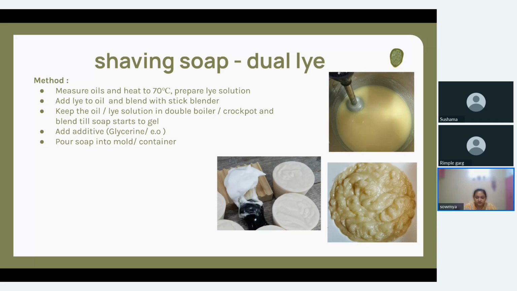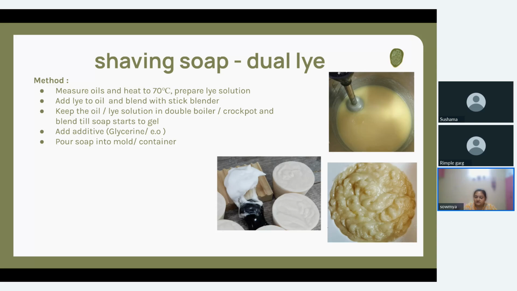Usually we prefer a circular mold, or you can use any cavity molds, or you can cut them. If you want a circular mold, people use Pringles cans, and even PVC pipe, to make their circle shaped soaps.